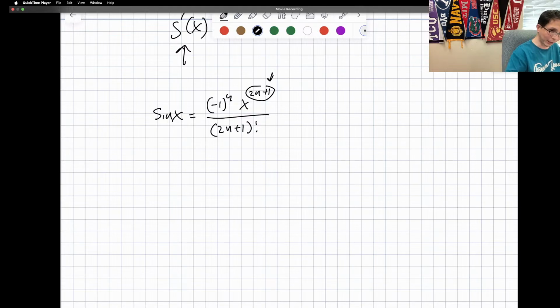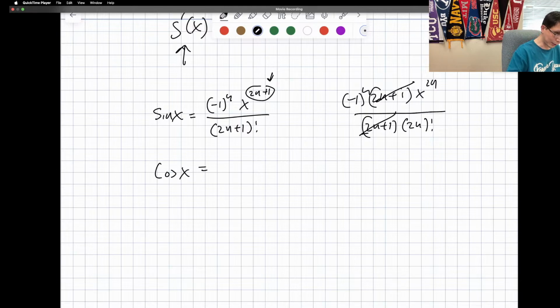So it'll be 2n plus 1, x to the 2n, over 2n plus 1 times 2n factorial, and this is negative 1 to the n. Does that make sense? This cancels out. What does that look like? x to the 2n over 2n factorial, negative 1 to the n. So cosine of x is equal to the sum of negative 1 to the n, x to the 2n over 2n factorial.